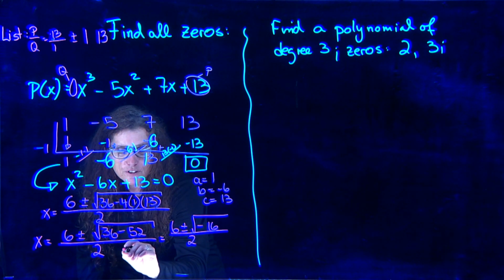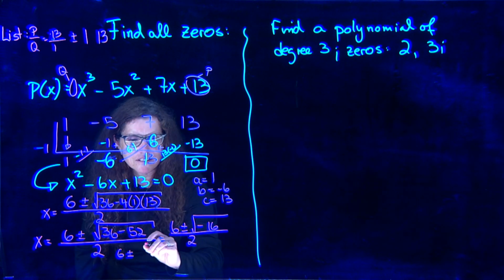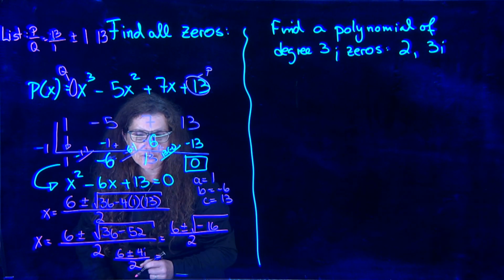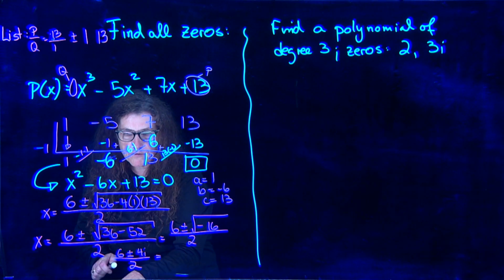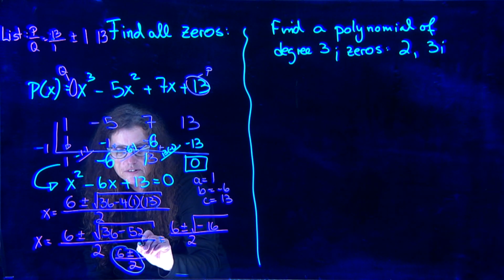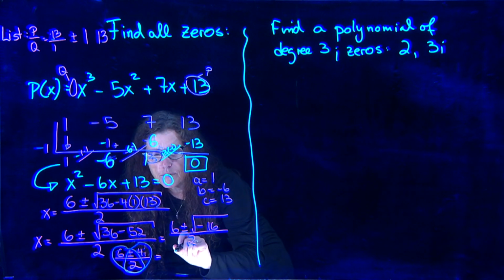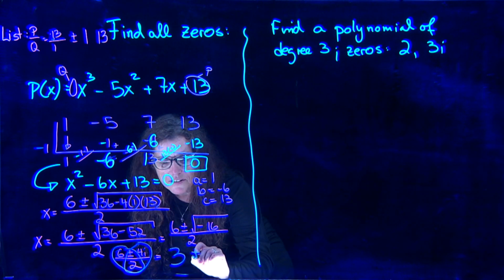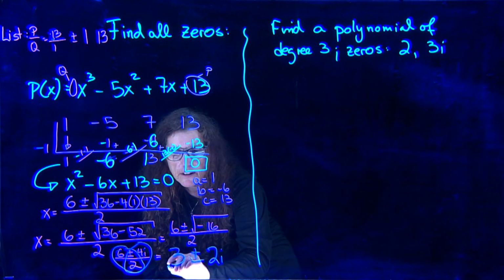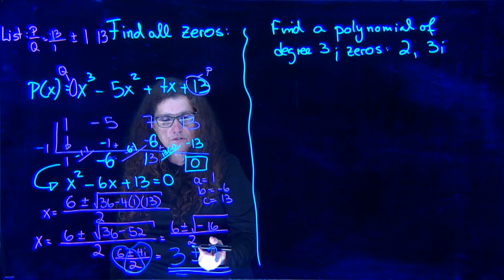We simplify further. 6 plus minus the square root of negative 16 is 4i, all over 2. Now we're simplifying. We are dividing the 2 into the 6 as well as into the 4i. 6 divided by 2 is 3, plus minus 4i divided by 2 is 2i. Here you go. This is a complex solution.